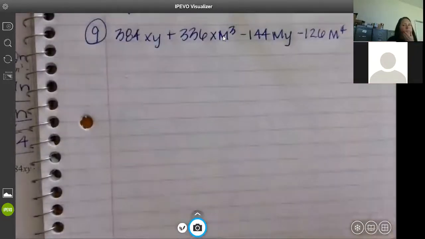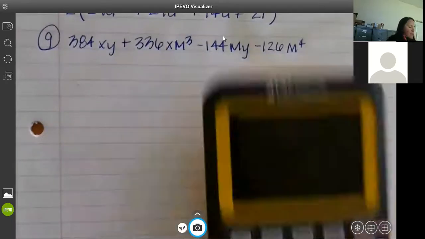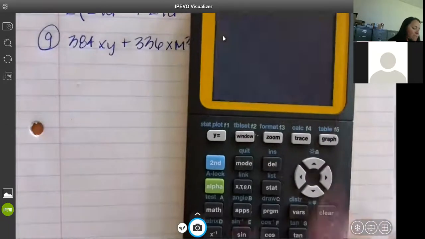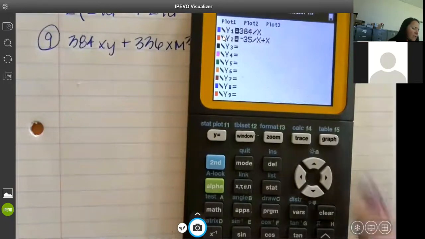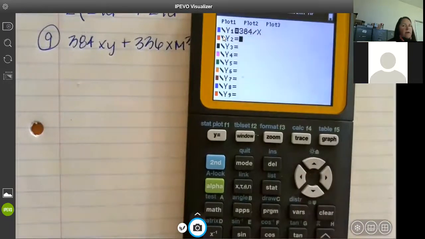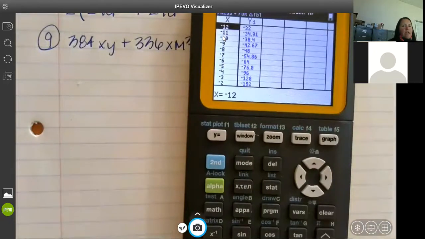m to the 4th. All right, so I don't know my factors of 384, and I don't expect you to either, okay? So don't stress out about that. What I would do, I can do a couple different things. I'm going to put 384 into here and clear that out. And then when I look at my table, I can find my factors. I would just find some factors that I'm good with, like 12 and 32 I could do, 8 and 48.